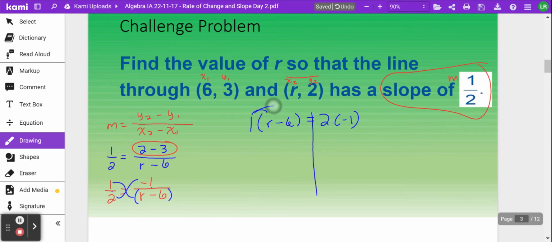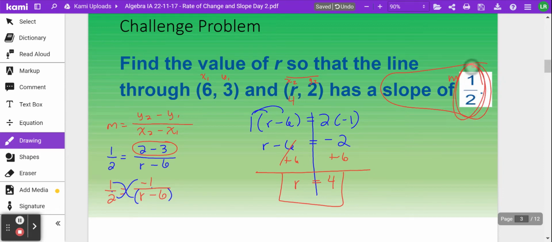Distribute. r minus 6 equals negative 2. And we go ahead and solve. Add 6 to both sides. And r equals 4. So this r has to be a 4 in order for us to get a slope of 1/2.